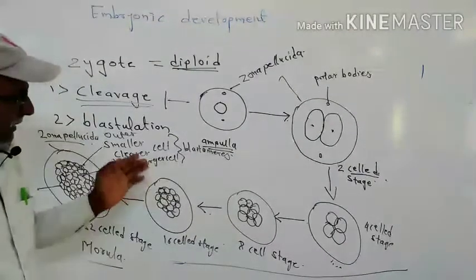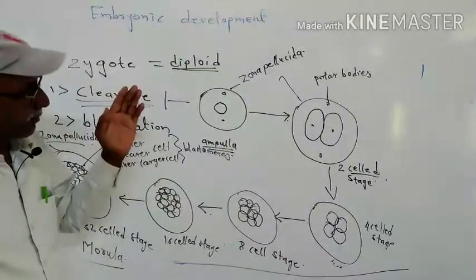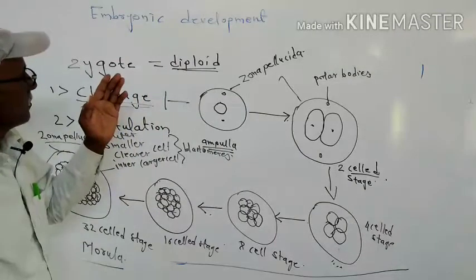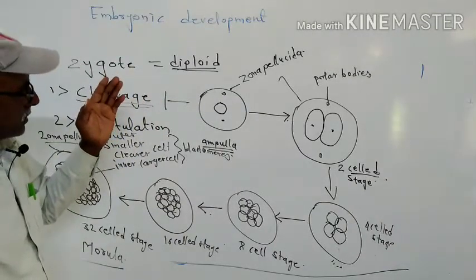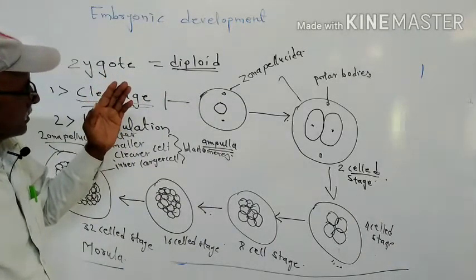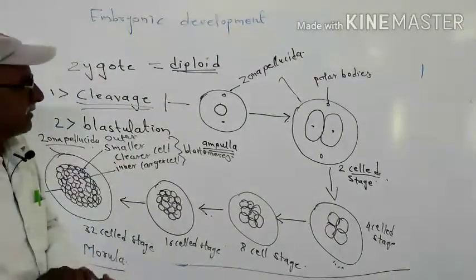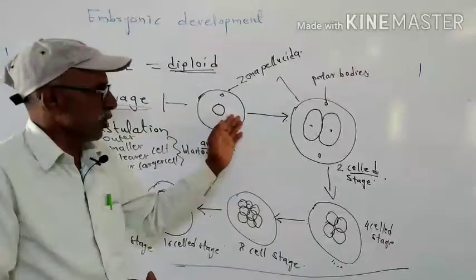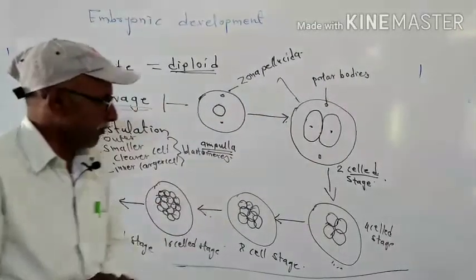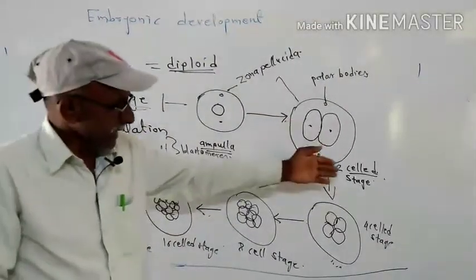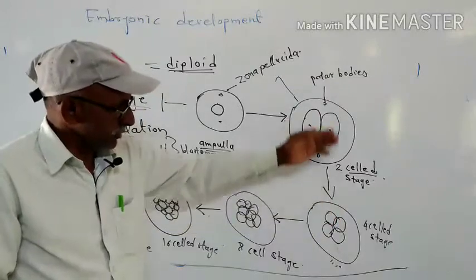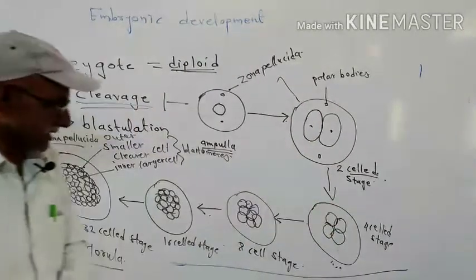In the cleavage stage, we have seen that from the zygote, the 2 cell stage is formed. Then there is a right angle division to the first division, and the 4 cell stage is formed.